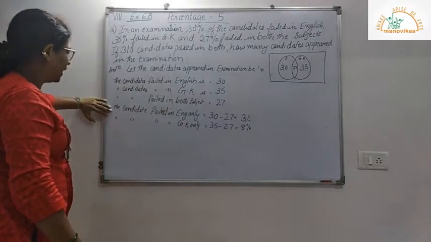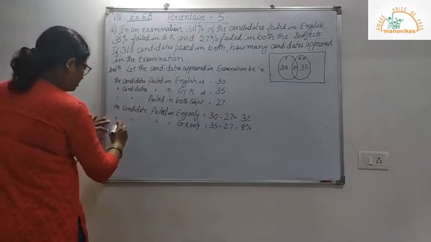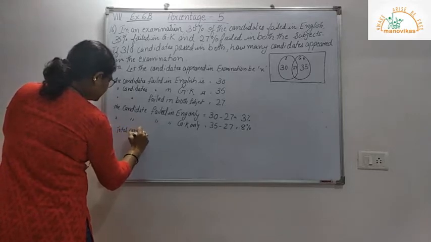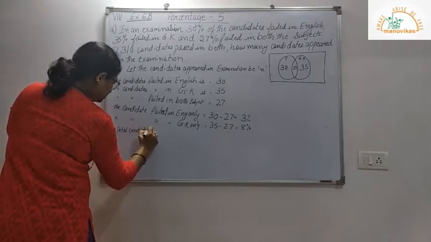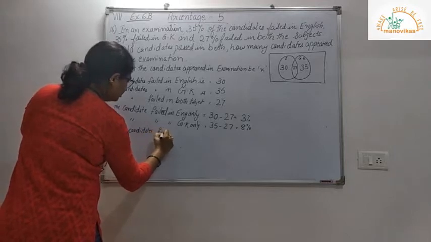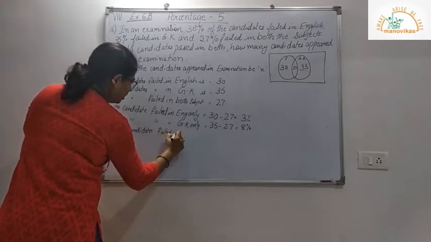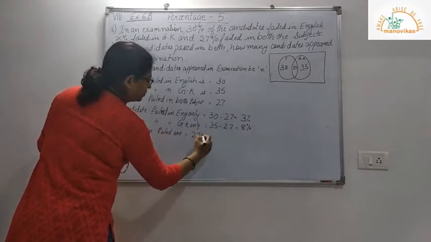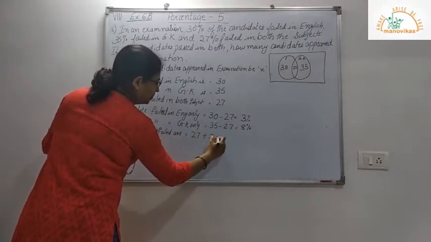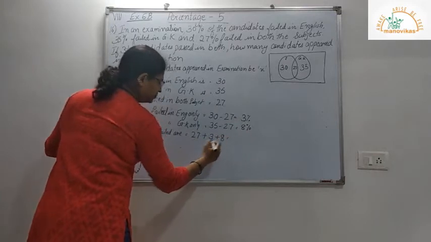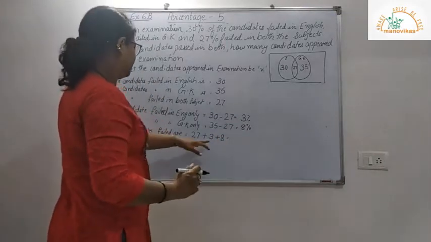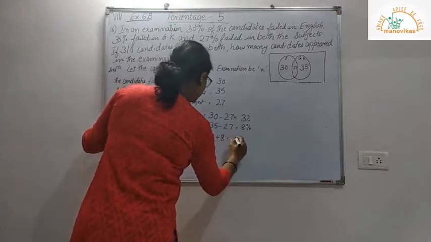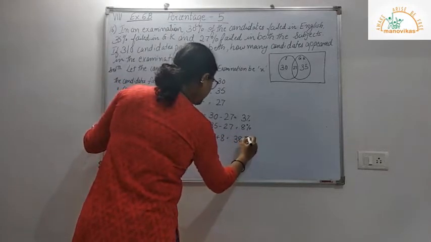Now the total candidates failed are 27 plus 3 plus 8, so we get 38%.